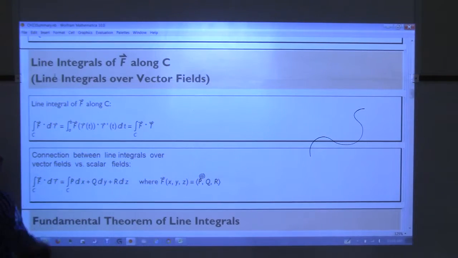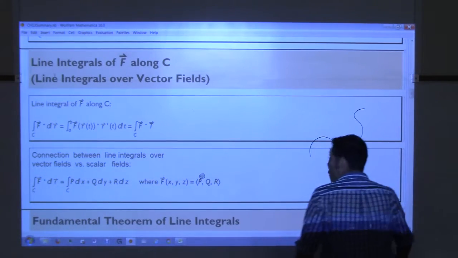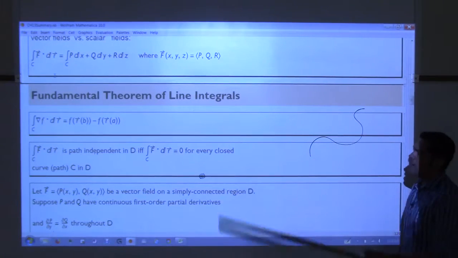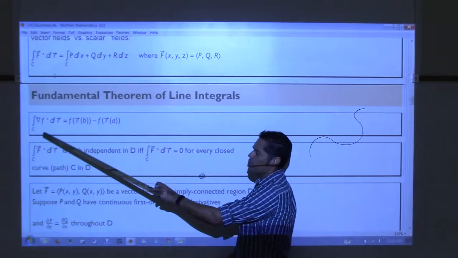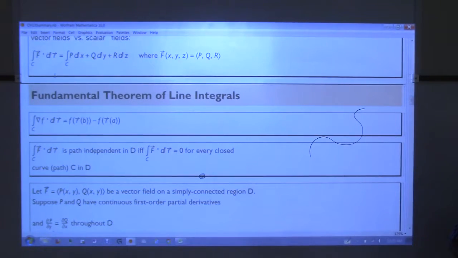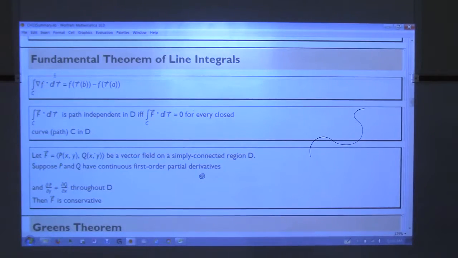After that, we got the fundamental theorem of line integrals, which said that if the vector field was conservative, then we could just evaluate at the 2 endpoints, which was part of your take-home test.